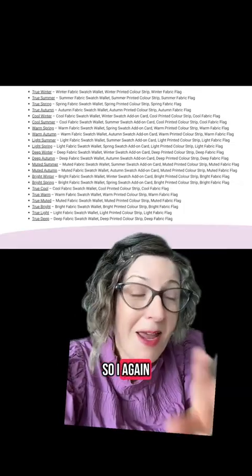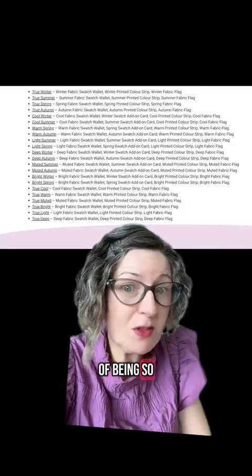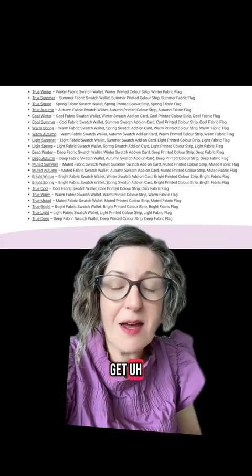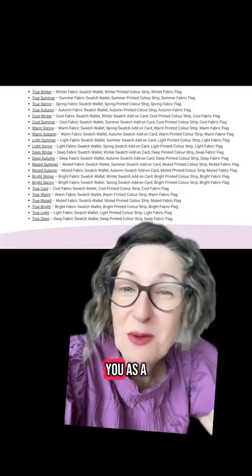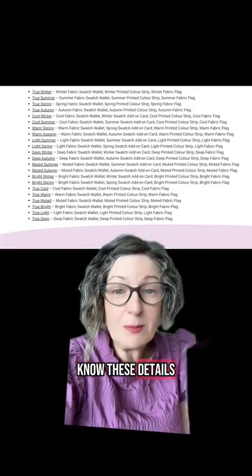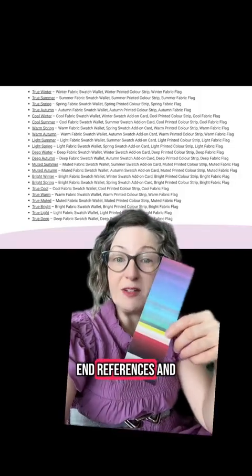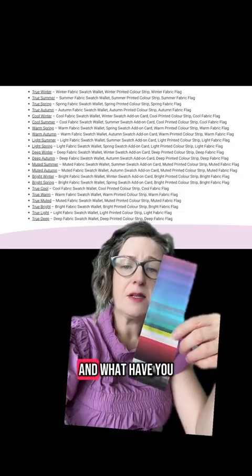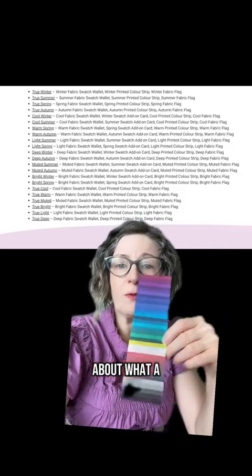So I'm not such a fan of being so technical with labels, and I totally get that you as a consumer might not know these details, but I just look at the end references and think through the shopping experience. I wouldn't worry about what a reference is called.